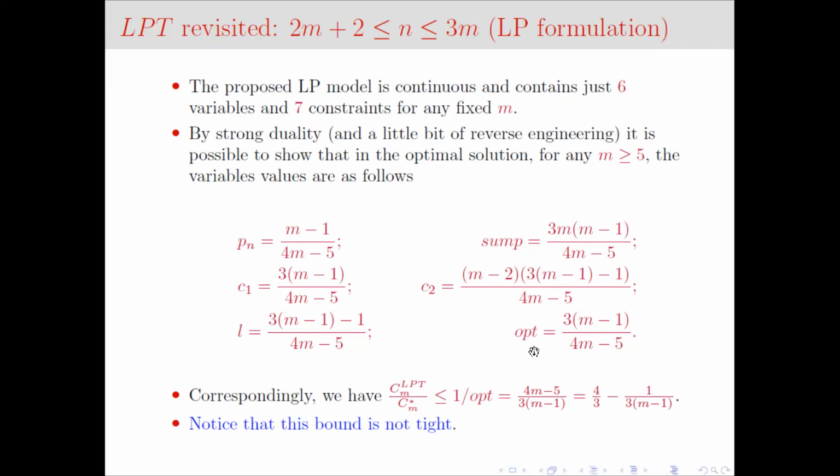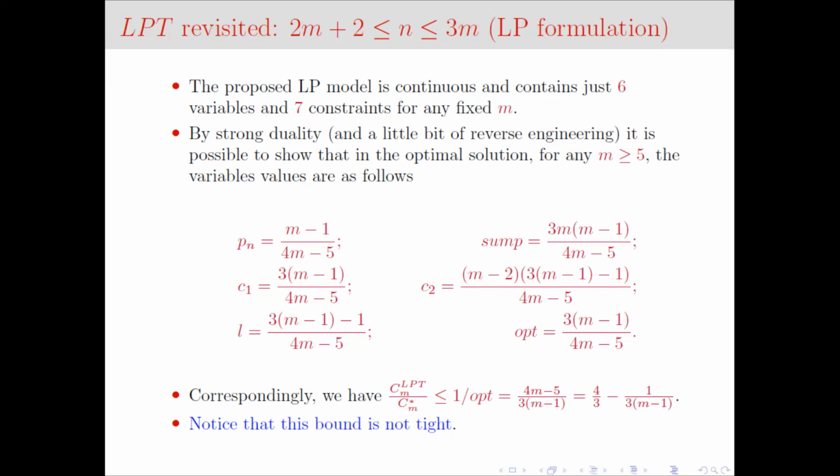And if we do that, the optimal solution has the value 3 times m minus 1 divided by 4m minus 5. And if you reverse this value, this corresponds to 4 over 3 minus 1 divided by 3 times m minus 1, which is indeed better than 4 over 3 minus 1 divided by 3m.